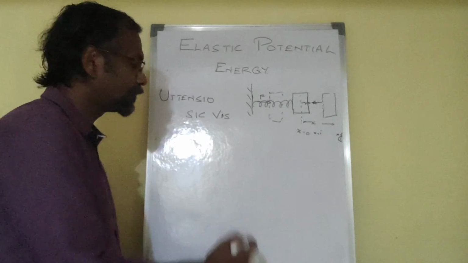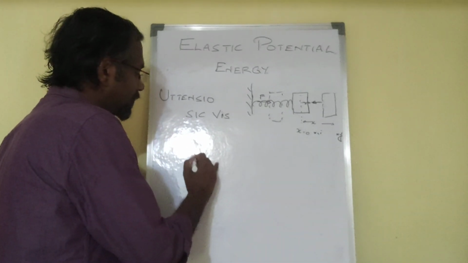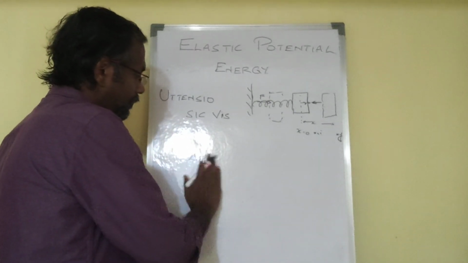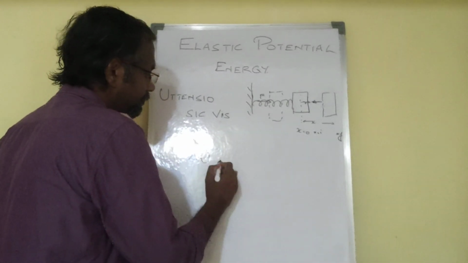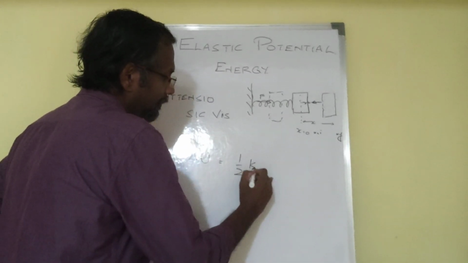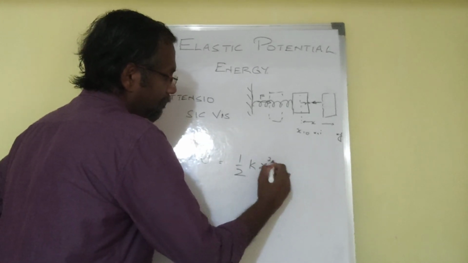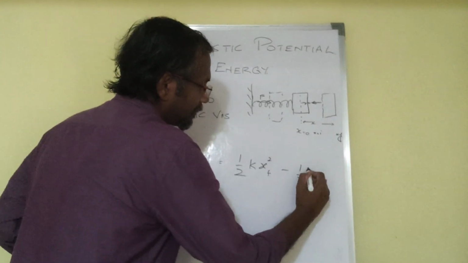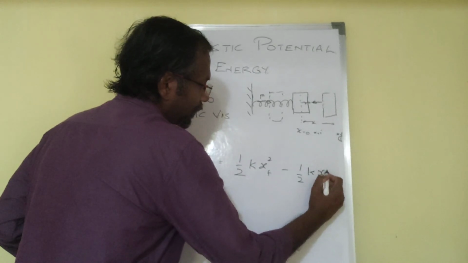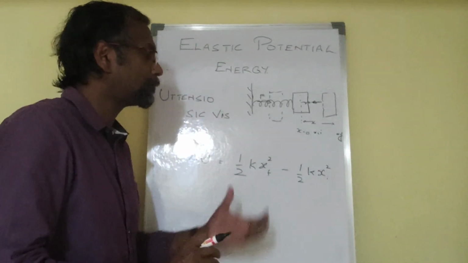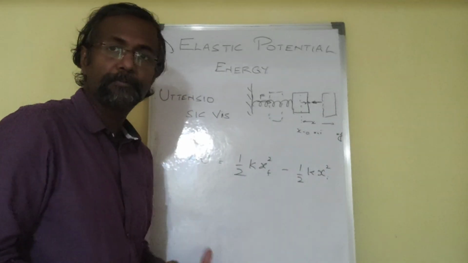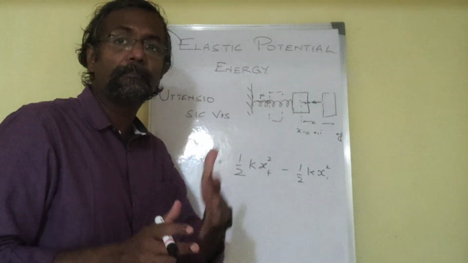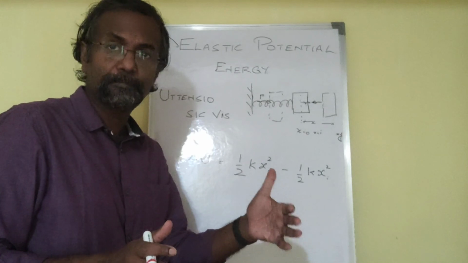We do the same thing, and you would get that the potential energy would be equal to half k x final squared minus half k x initial squared. So the potential energy at the final position minus the potential energy at the initial position will be the change in potential energy of the spring system.